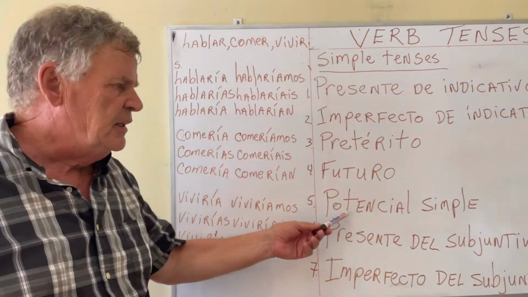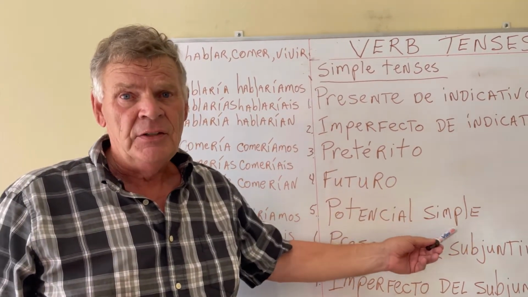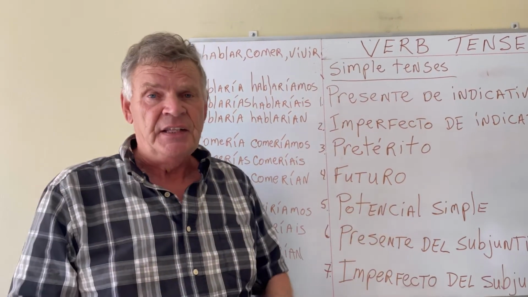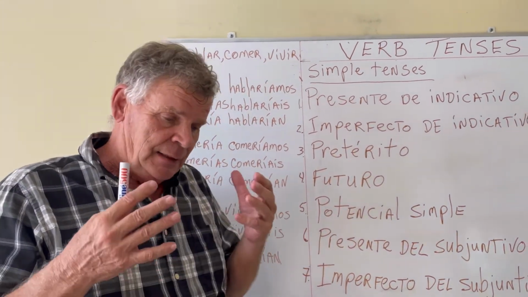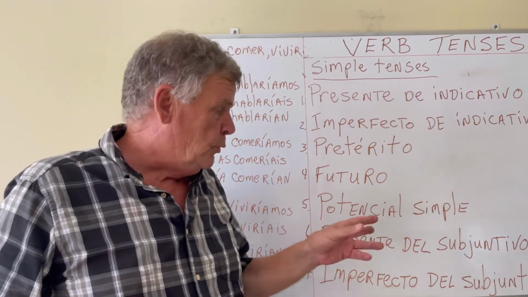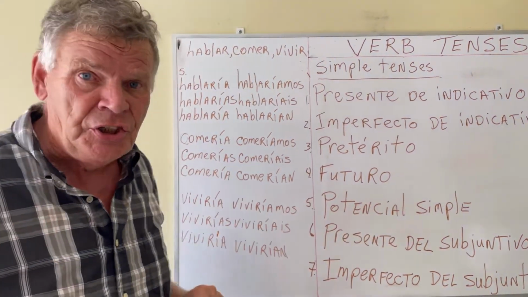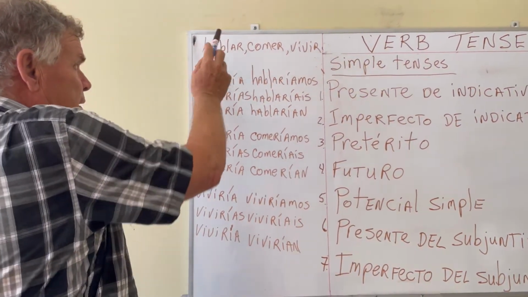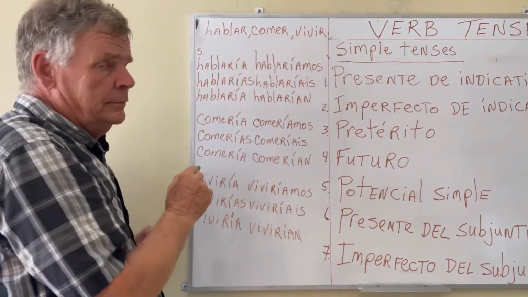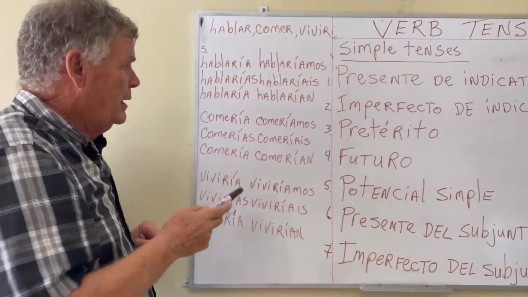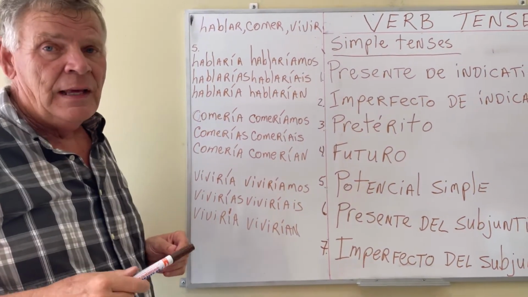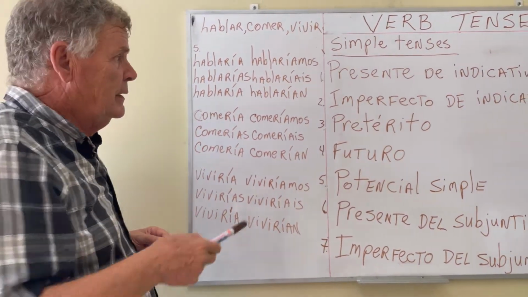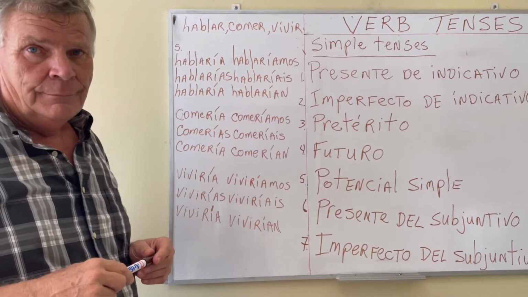Now we're talking about the potencial simple, right? Which in English is the conditional tense, right? We have all those same tenses in English, just that they have different names. Potencial simple, conditional tense. For hablar, hablaría, hablarías, hablaría, hablaríamos, hablaríais, hablarían.